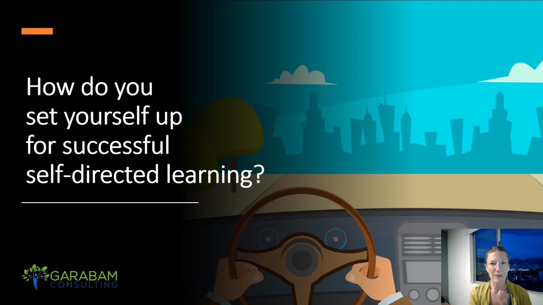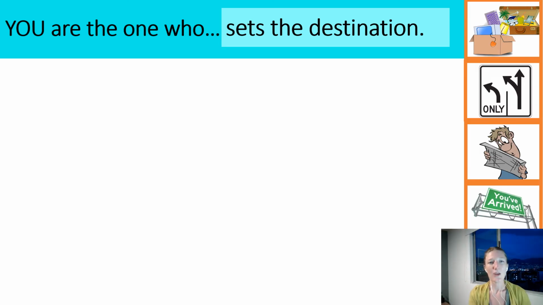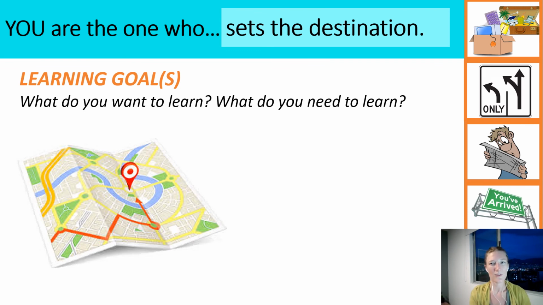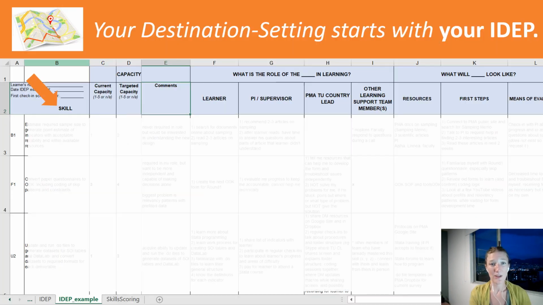That's all great, but how do you set yourself up for successful self-directed learning? It changes a bit in that you are the one who sets the destination. You are the one who sets your learning goals, asking yourself, what do you want to learn? What do you need to learn?